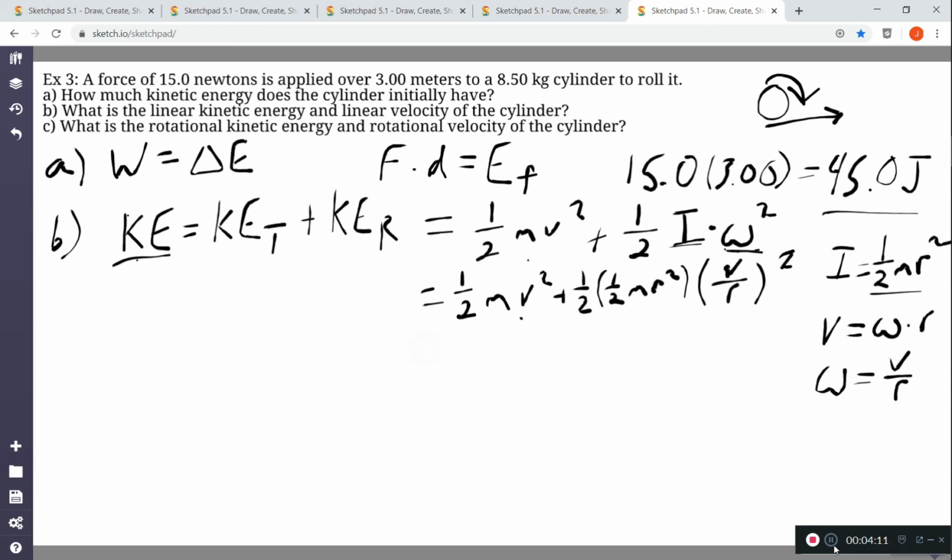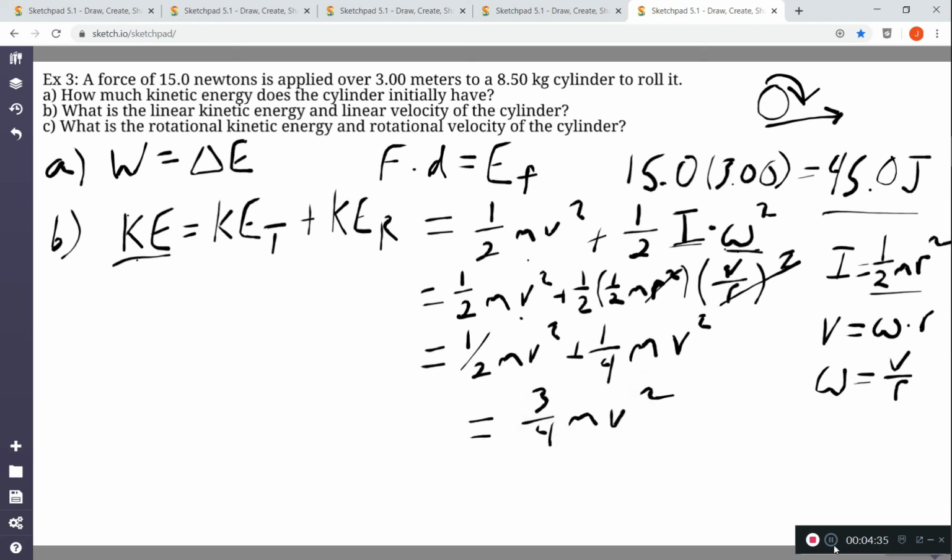Now, when we simplify everything, we'll get 1/2 mv squared plus 1/4, 1/2 times 1/2, m. The radius squared here cancels with the radius squared on the bottom, and we just get v squared. These are like terms and can be combined to be 3/4 mv squared. Now, we know the mass, we're looking for velocity for part B, and we know our total kinetic energy of 45.0 joules.